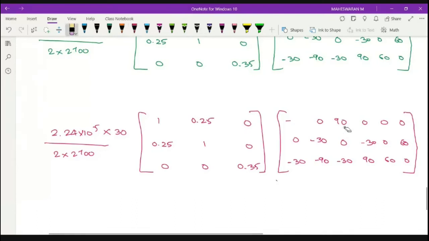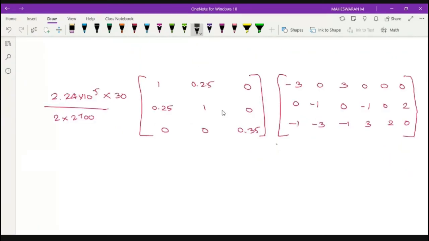So instead of 90, you will get 3 here, and this will be 1. This will be 2. So 1, minus 1, minus 1, 2, and these things will change accordingly. So it will be minus 3, minus 1, minus 3, minus 1, 3, 2, 0. So this is my matrix.